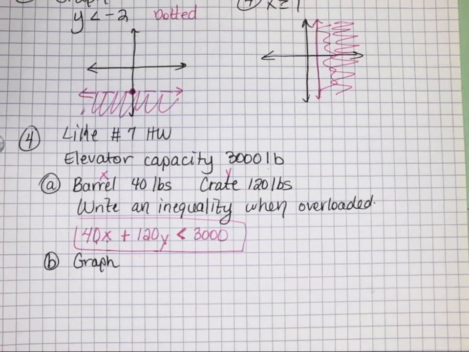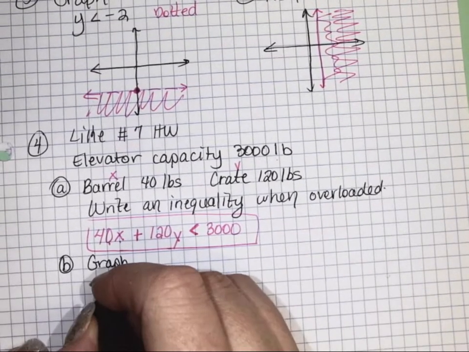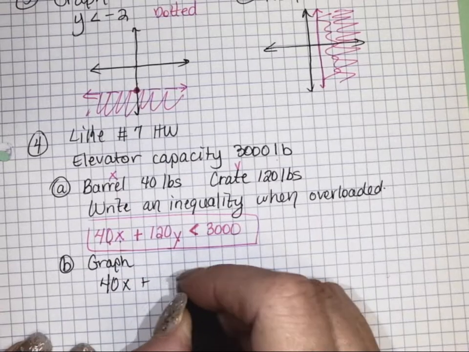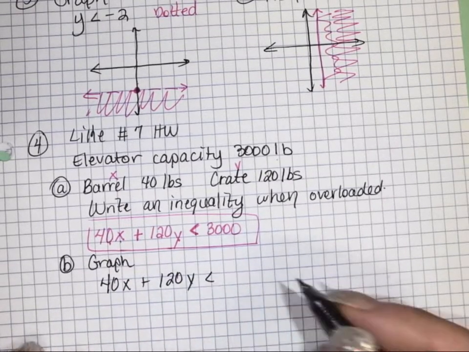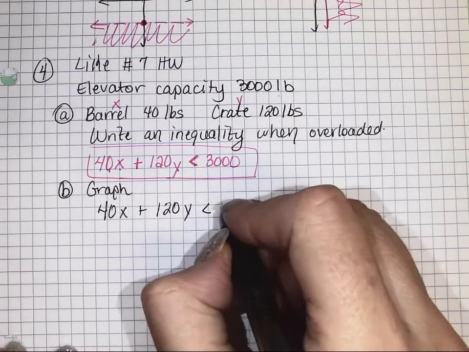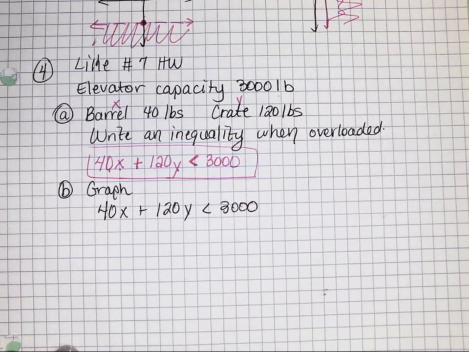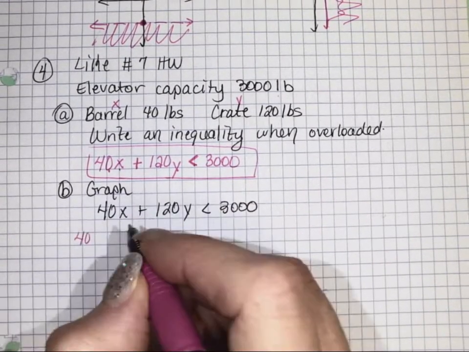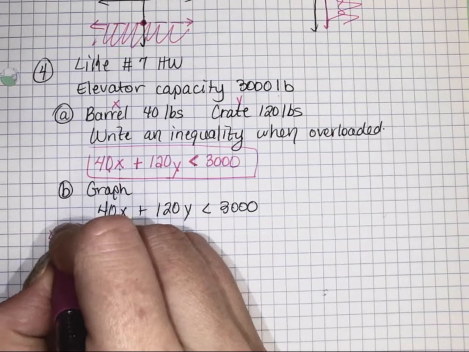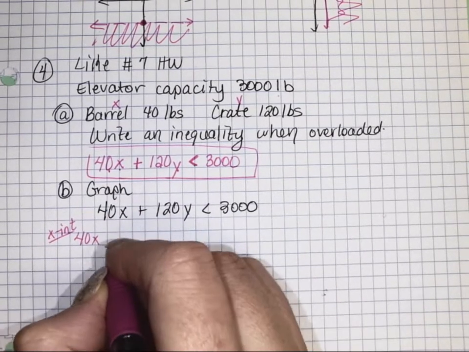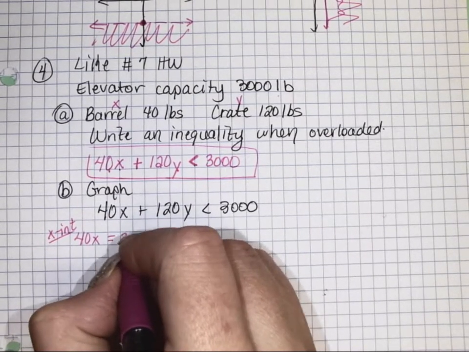In this case, this is in standard form. So if you'll recall, in standard form, we graph these by finding the x-intercept and y-intercept. Set your x term, and I'm going to set it equal to 3,000, okay?